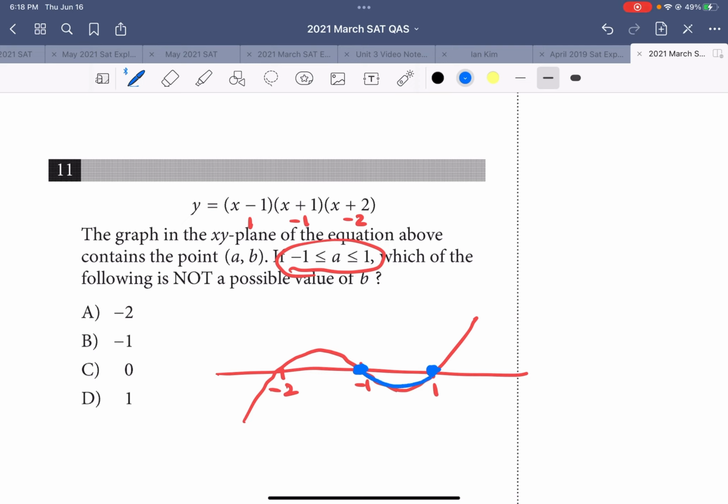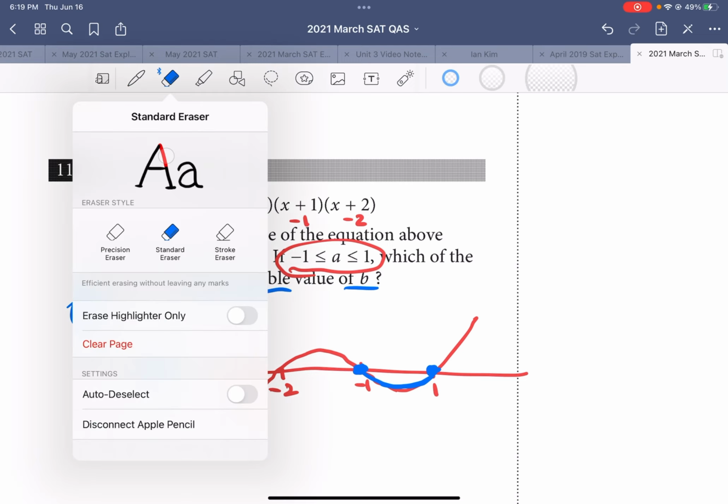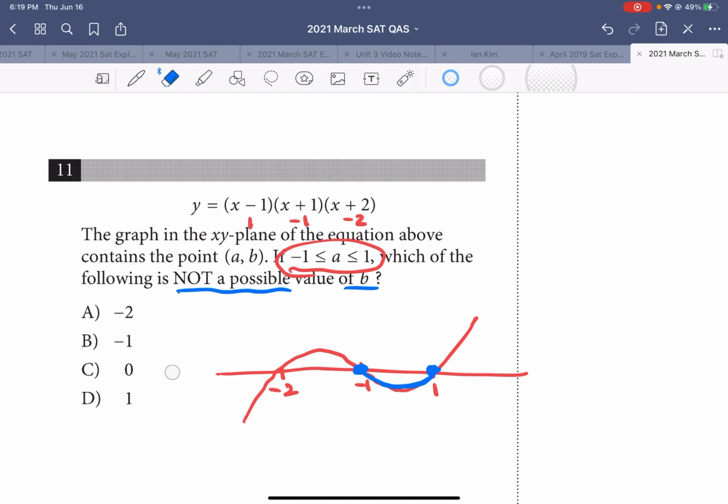And your graph is here, right? So what is a not possible y value? It could be 0. Your value could be 0 or between negative 1 and 1. That's all possible. But negative, oh no. It could be 0 or any negative value. So this is possible, but a positive one somewhere here, that's not possible for the y value, right? So negative 2, negative 1, 0 is possible, but 1 is not a possible y value in the graph.